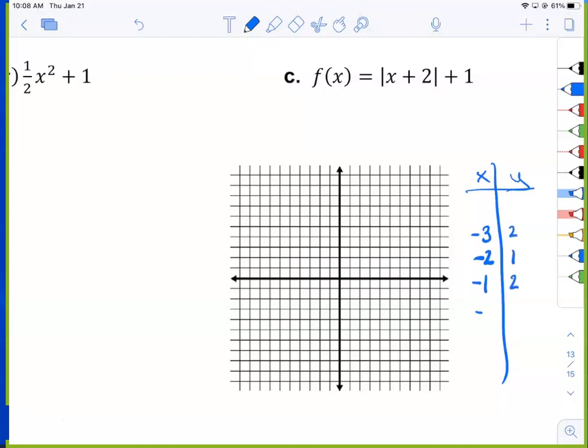At negative 1, we're at 2. At 0, we're at 3, and at negative 4, we're at 3. That's just from your table. So when I graph these points, at negative 2, I go up 1. Then at negative 1, I go up 2. At negative 3, I go up 2, so on either side. At 0, I go up 3. And at negative 4, I go up 3.